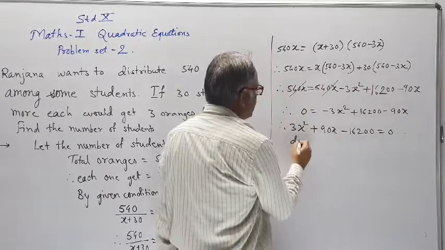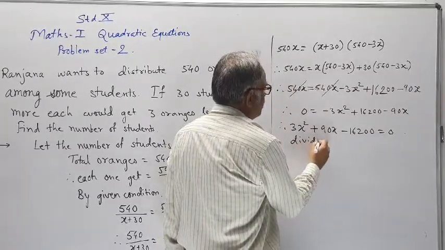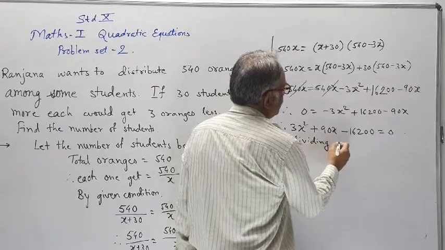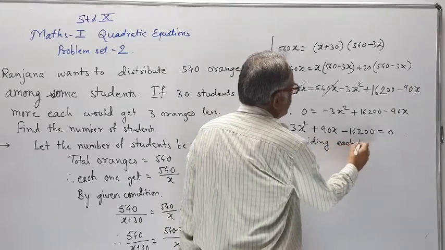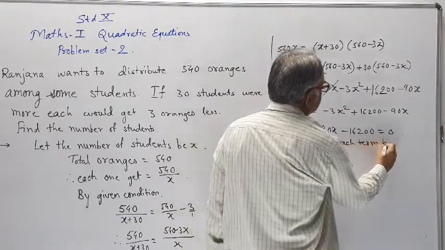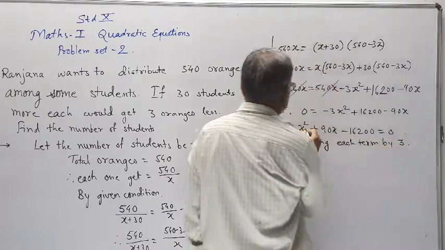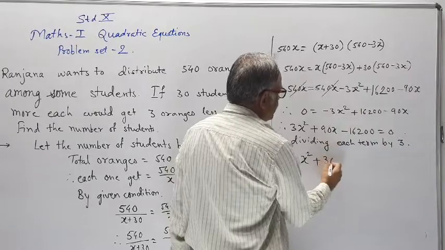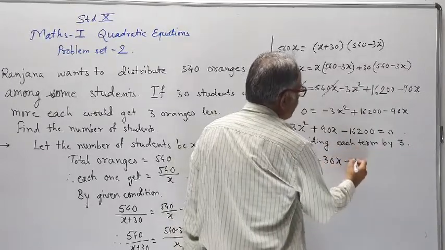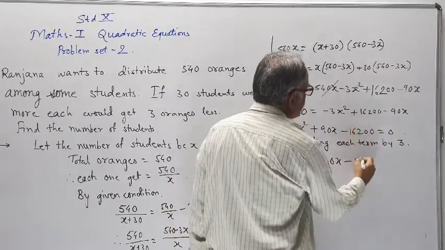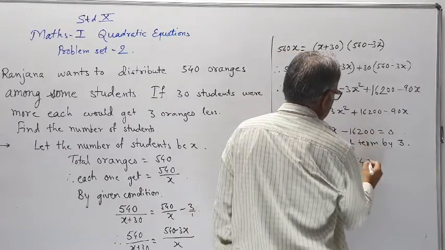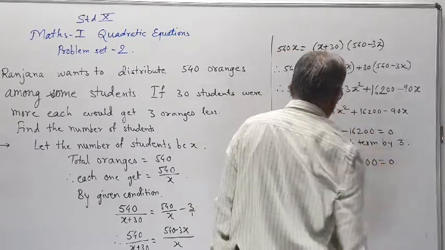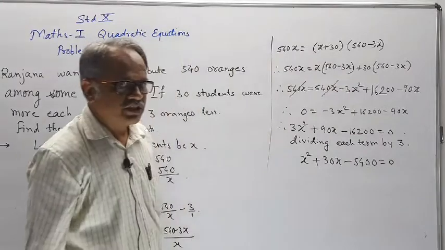So divide each term by 3, meaning both sides by 3. 3x square upon 3 is x square plus 30x minus, 3 5s are 15, 1 remains, 3 4s are 12, minus 5400 equal to 0.